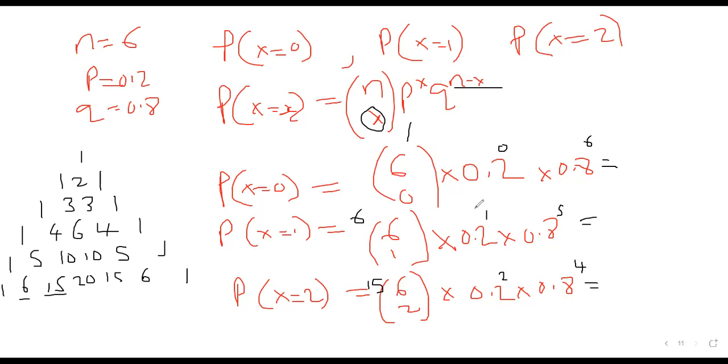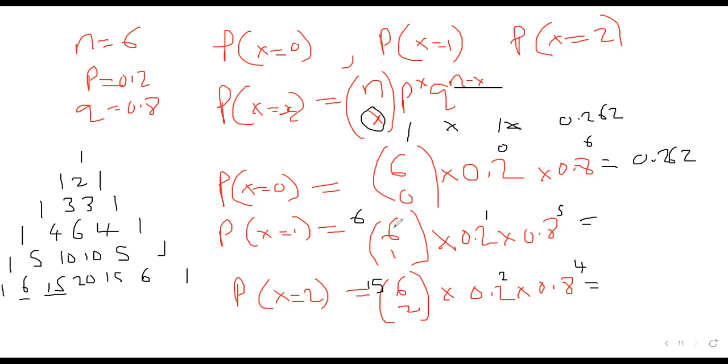Okay, calculate: what is 0.2 to the power 0? It is 1. 0.8 to the power 6 is 0.262. So multiply this times that, we get 0.262.